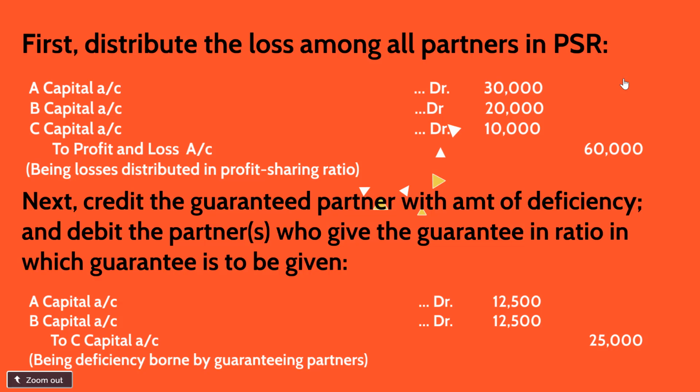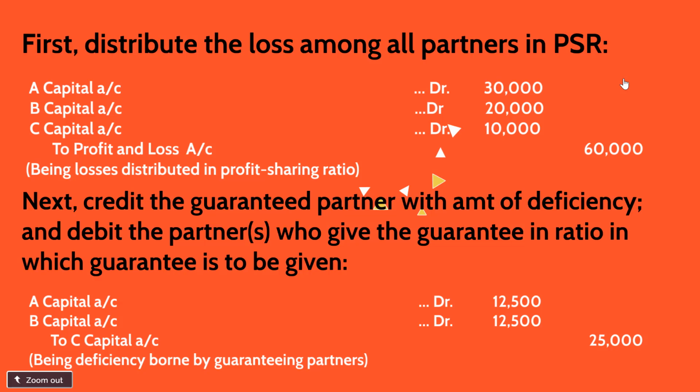So we'll debit A's capital account with rupees 12,500 and B's capital account also with the deficiency to be borne by B, which is again rupees 12,500. So the journal entry would be A's capital account debit rupees 12,500, B's capital account debit rupees 12,500, to C's capital account, which is 25,000.